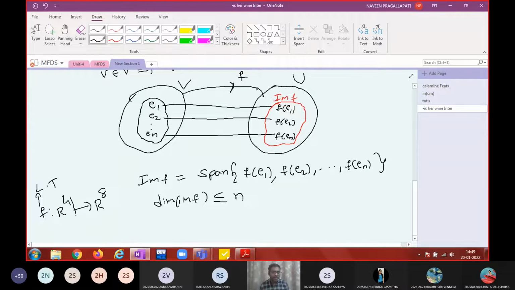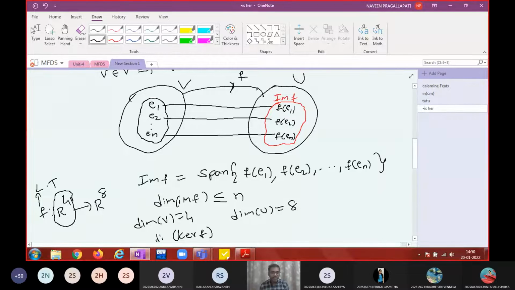What is the dimension of the domain? R power 4 means 4. So the dimension of V is 4 here. And what is the dimension of the codomain U? 8.